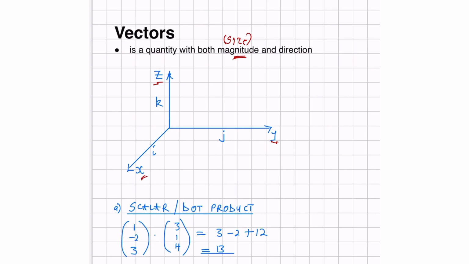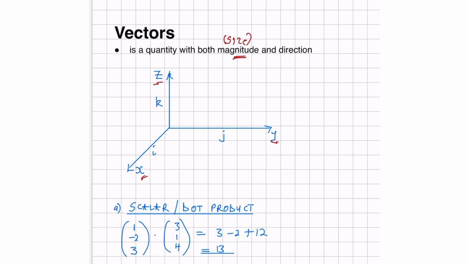Now, when we are dealing with vectors, we have got to be able to look at certain very key principles. We have got what we call the scalar or the dot product. It is the term that you're going to hear quite often when you're dealing with vectors, and you have to be able to get a scalar product or a dot product.